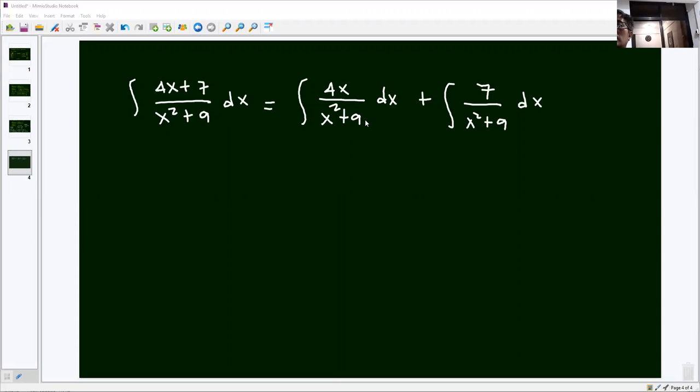One more. Now, while waiting, why do you need to split 4x and 7? Notice that kung unang technique na titingnan is substitution, guys. Kung kaya ng substitution, like, kapag nilet ko na u yung x squared plus 9, you know that du would be 2x dx.